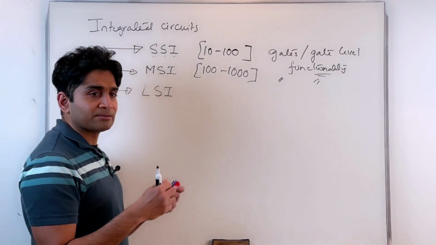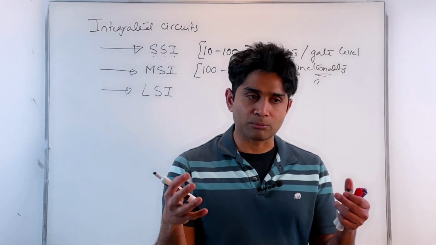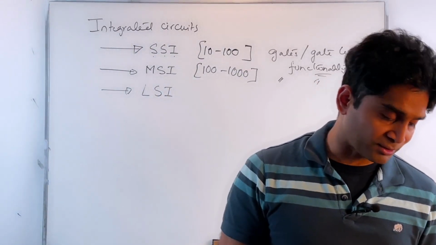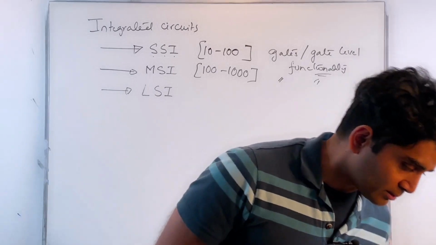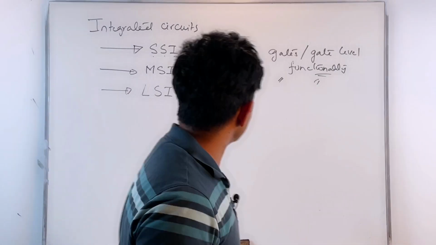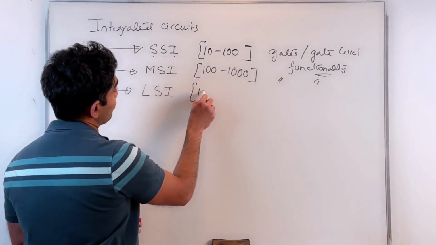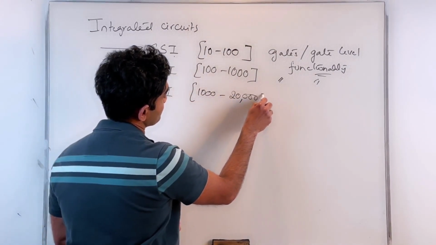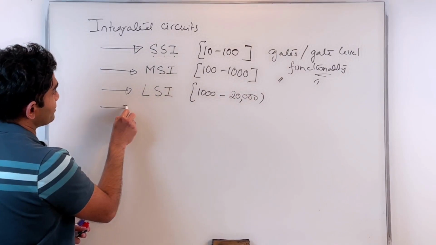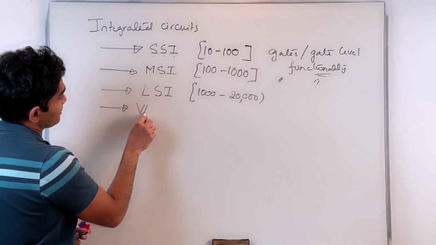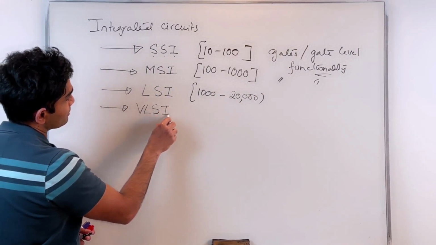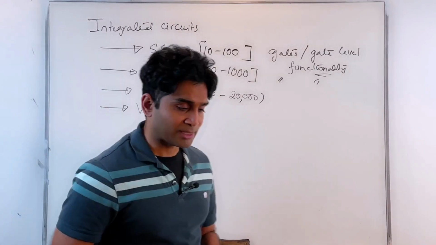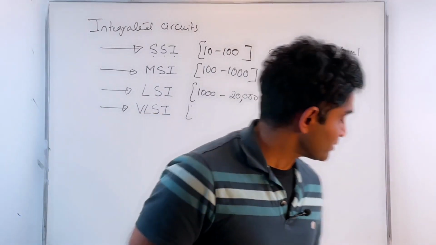As things evolved, you are able to pack more and more transistors or gates on a single chip. The large scale integrated circuits provide gate level functionality between 1,000 gates and 20,000 gates. Then you have the very large scale integrated circuits, or VLSI, providing gate level functionality of 20,000 to 50,000.